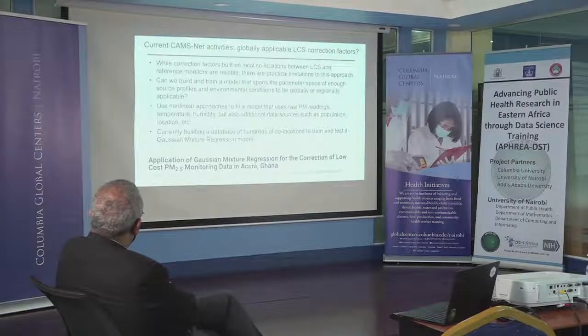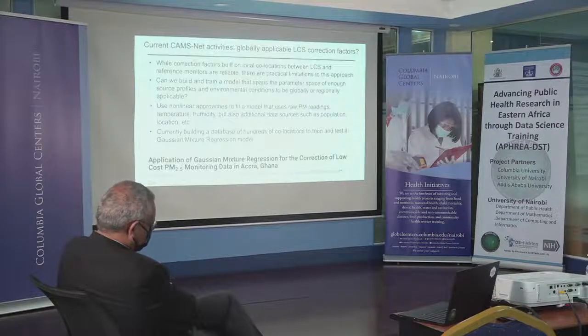One thing that we would like to extend in this work is applying these correction factors more universally and seeing if there's a way that we can bypass the issue of having to have specific co-location in each spot.